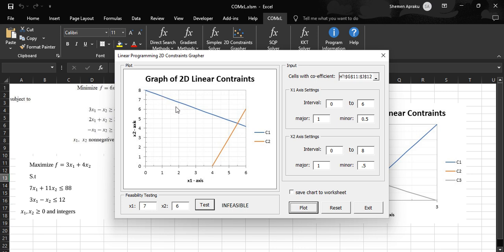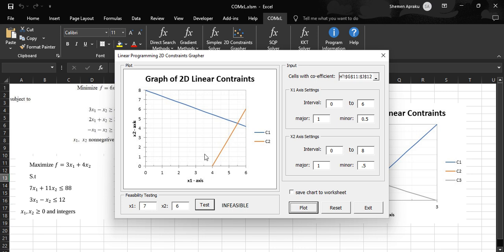Here we have 0, 8; 0, 7; 1, 7; 2, 6; 3, 6; 4, 5; 5, 4. So there are several integer points in the region of visibility, and any of those points could give the maximum of the objective function.